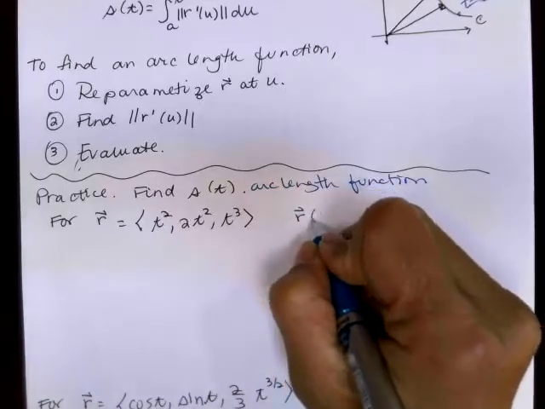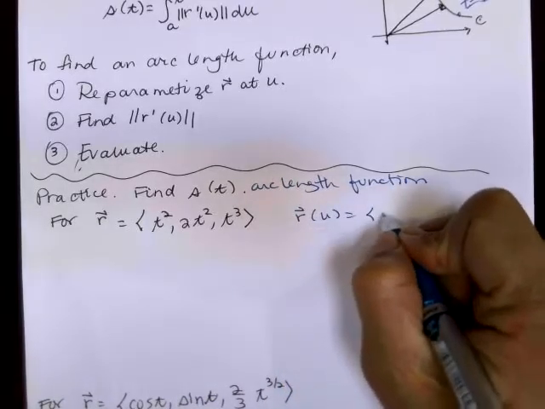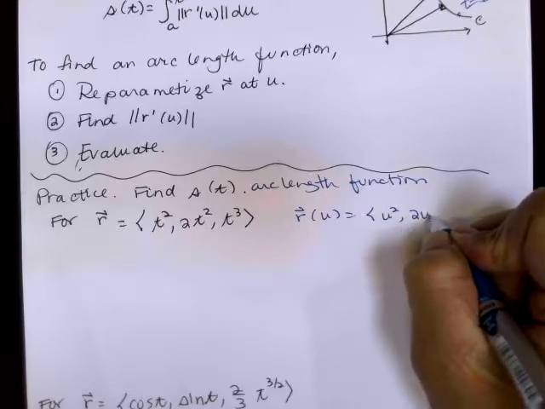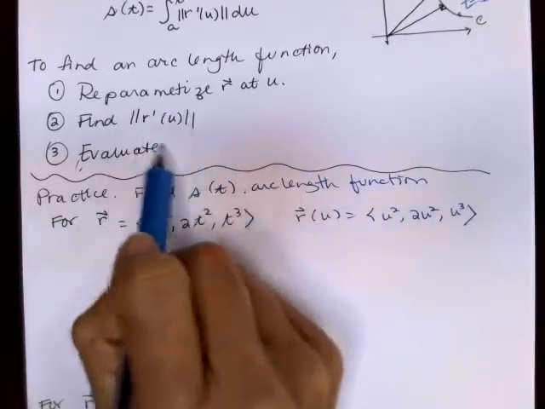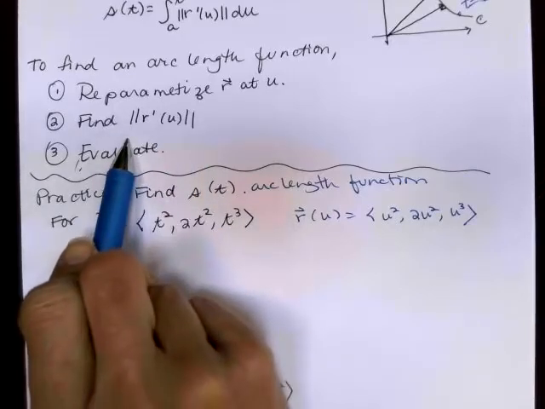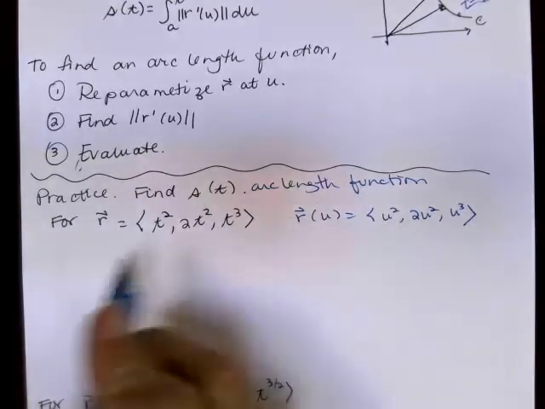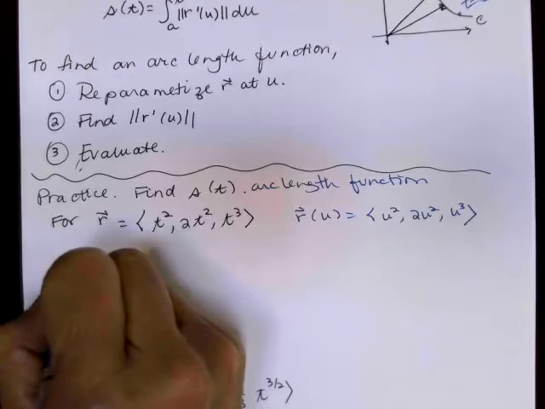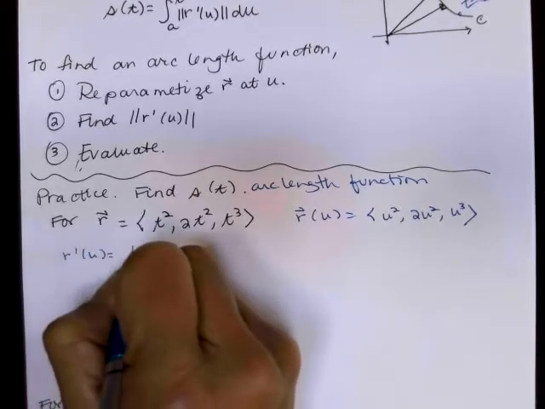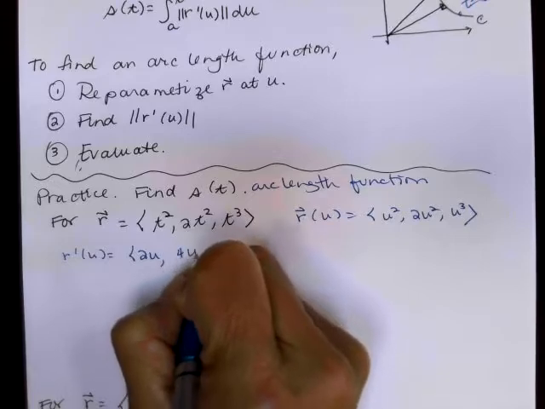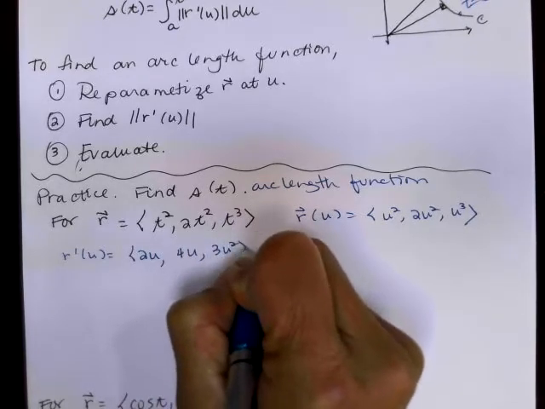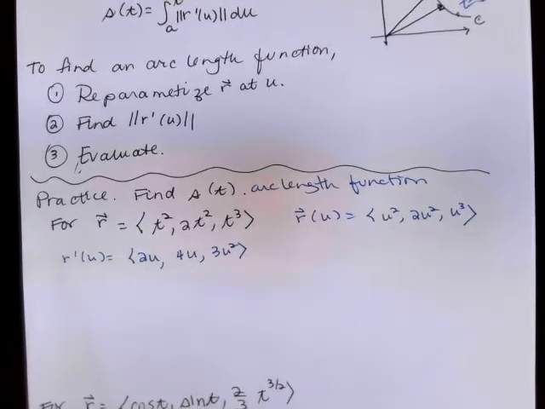So r of u is just u squared, 2u squared, and u cubed. Let's go ahead and find the length of r prime. Okay, so first we'll find r prime of u. So 2u, 4u, and 3u squared. So far, so good.